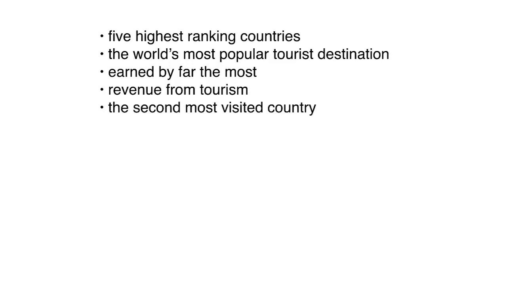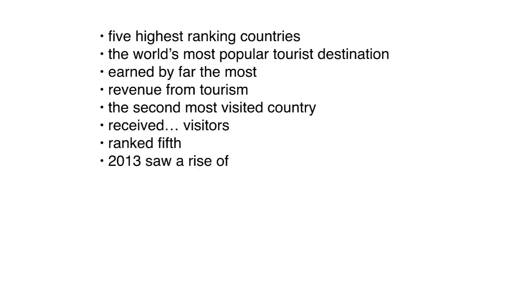The second most visited country, comparisons as usual. Received visitors. You can say that a country received visitors. Ranked 5th. 2013 saw a rise of. If you've watched my previous video lessons, you'll know that I like to use this phrase with see. You can say that with a country as well.